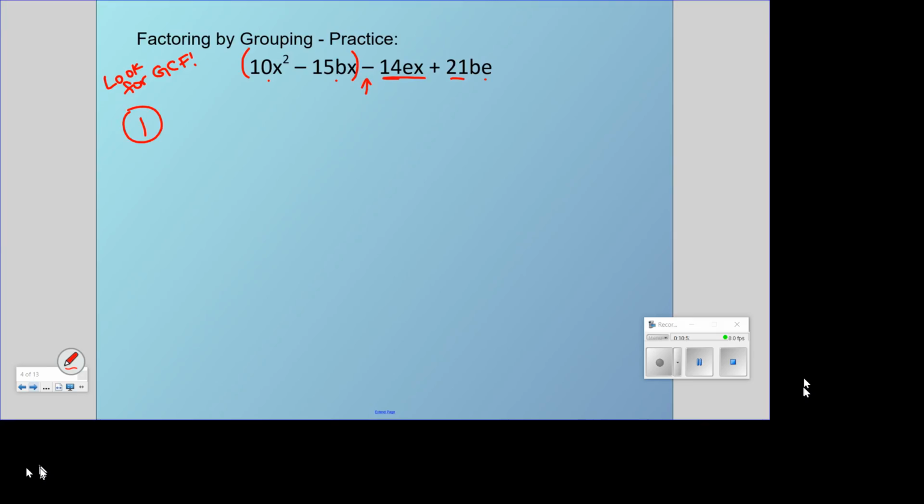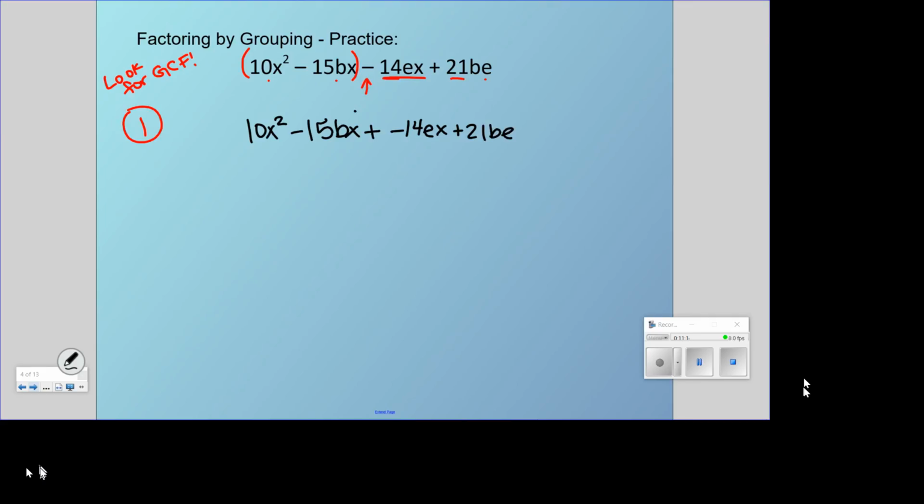So this can look a couple different ways. The most common way to show this is to change that subtraction to a plus a negative. We might call this keep change opposite, KCO, that sign to plus a negative 14ex plus 21be.